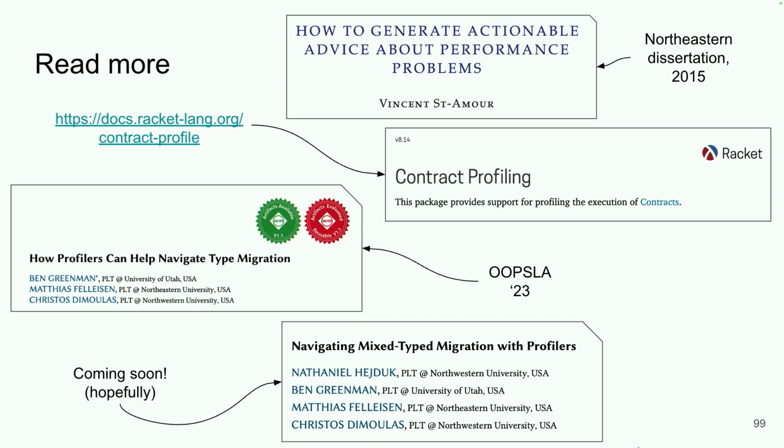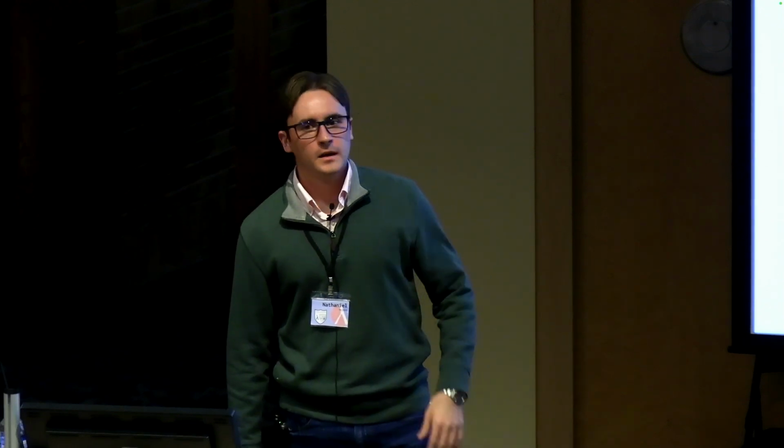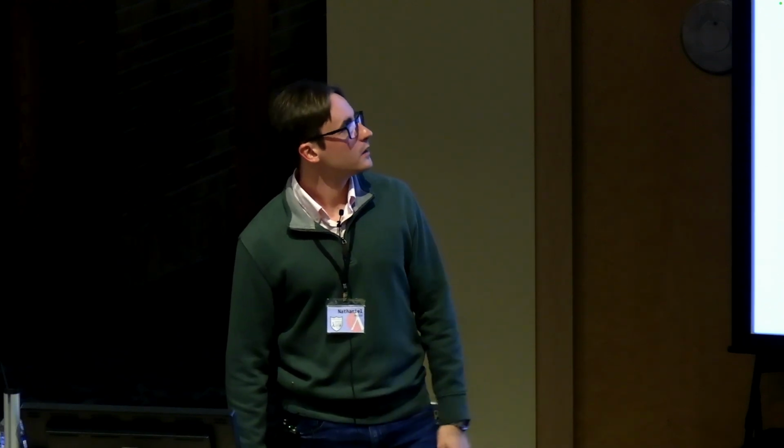Are we able to find somewhere in the middle using transient types and the contract profiler together?